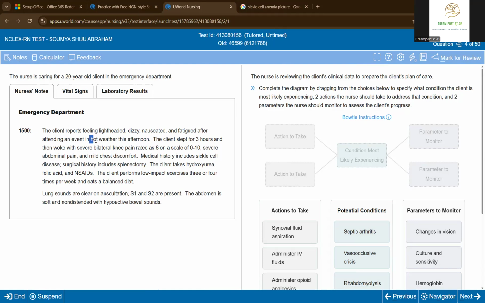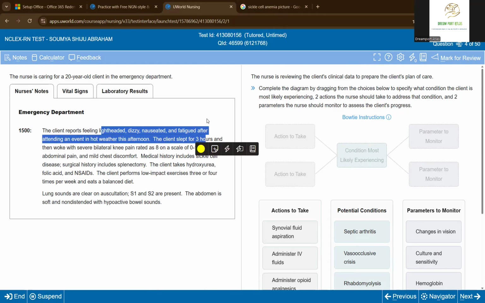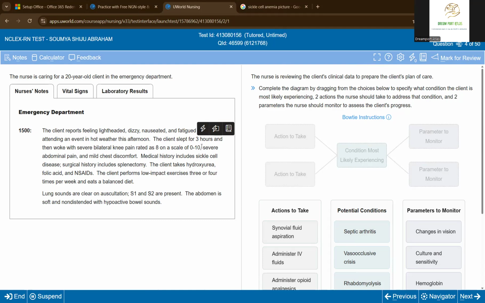See, here we have to highlight when the symptoms have started, when the client has attended an event in hot weather. Okay, and this afternoon the client feels, what are the complaints here? Here the client is feeling lightheaded, dizzy, nauseated, fatigue. Okay, and next, the client slept for 3 hours and then woke with severe bilateral knee pain.